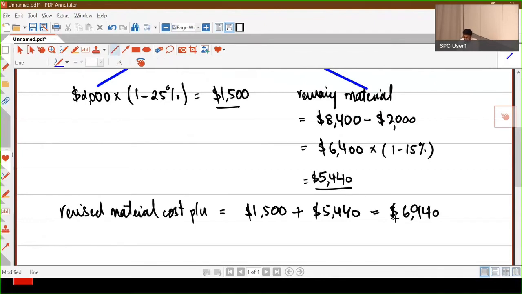And because it's a blank question, you need to put this number into the answer. So 6940 should be the right answer for this question.